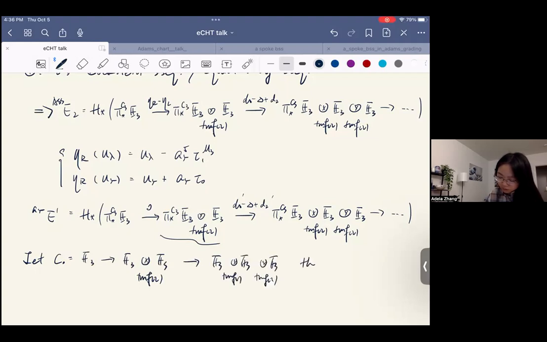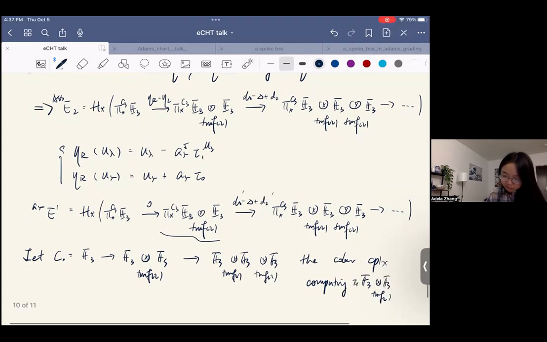This is the cobar complex computing the Adams spectral sequence for pi star F3 tensor F3 over TMF2. So this is a discrete cochain complex. So this lives in the heart of this infinity category of cochain complexes in Borel C3 Borel F3 modules.